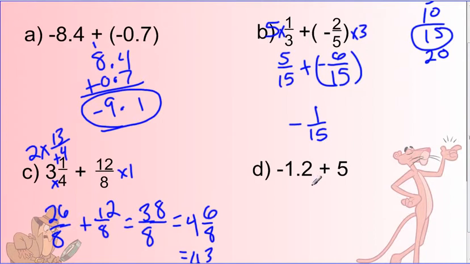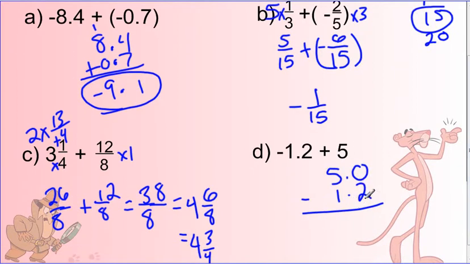Letter D. My signs are different. I have to subtract. Well, I've got decimals. So 5 minus 1.2. Notice how I have my decimals lined up. This would be a 5.0, because 5 is a whole number.